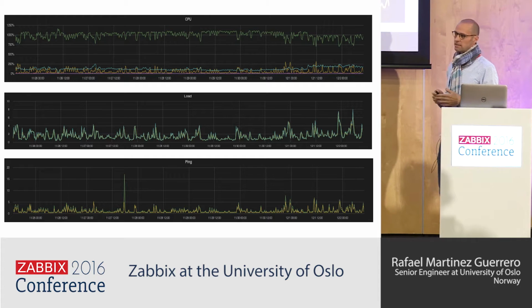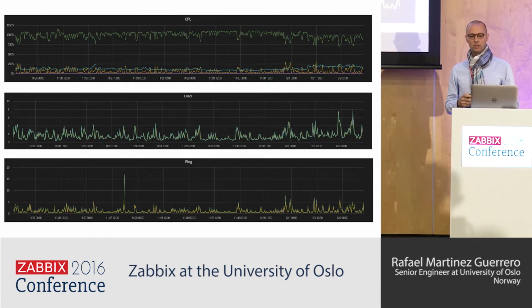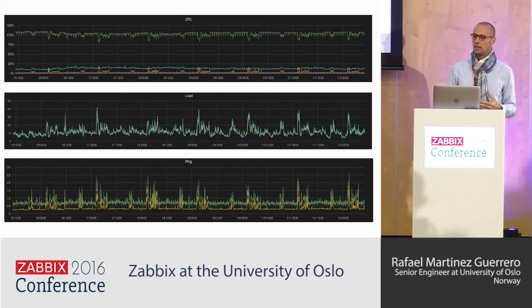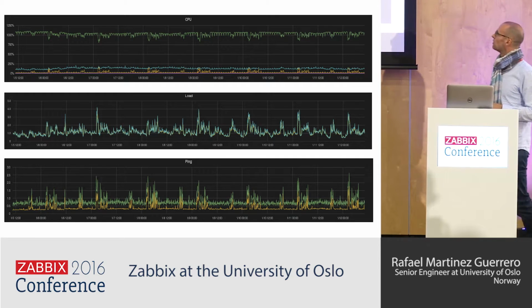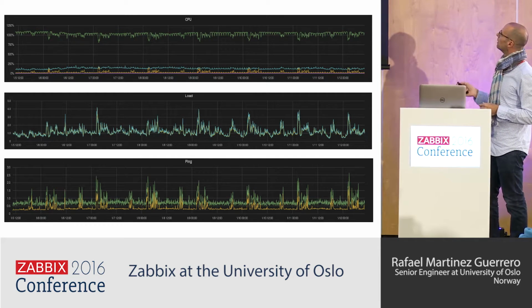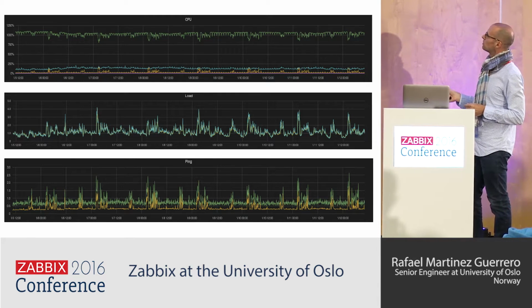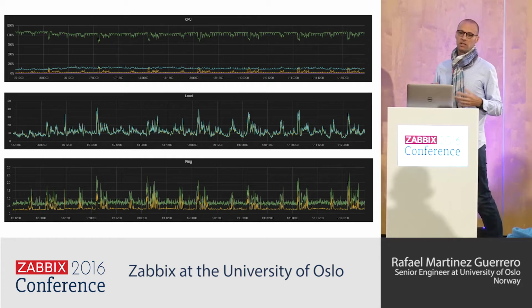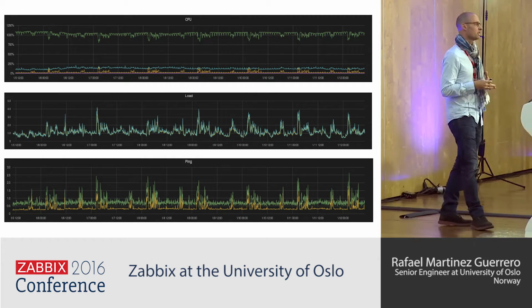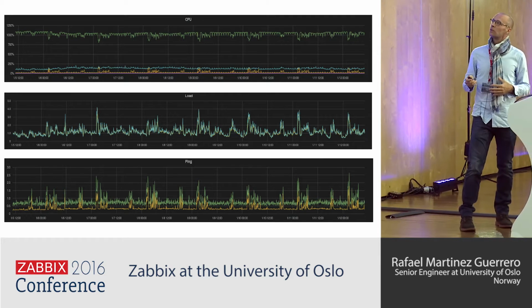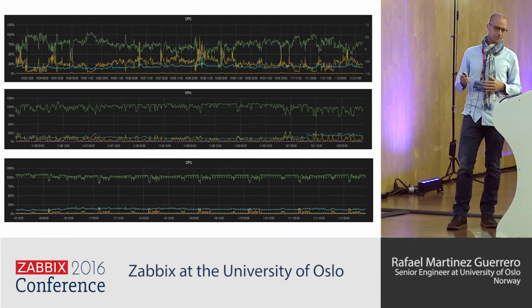Some weeks after this, we had to move the virtual machine to another VMware cluster with more power and more resources, and suddenly the CPU use got even better, and then we could start explaining what this was. It was when we were running the backups in the database, or the Zabbix housekeeping was doing its job.